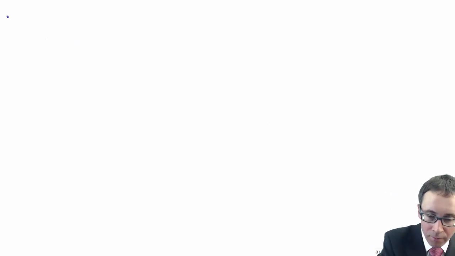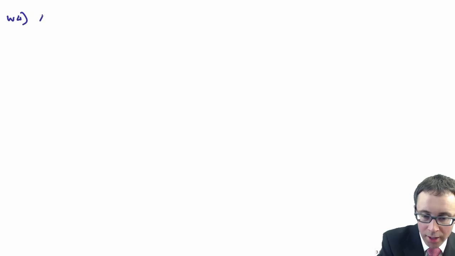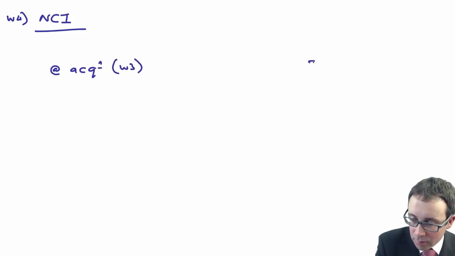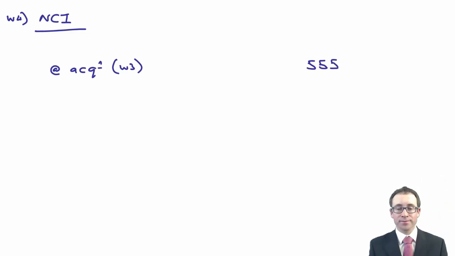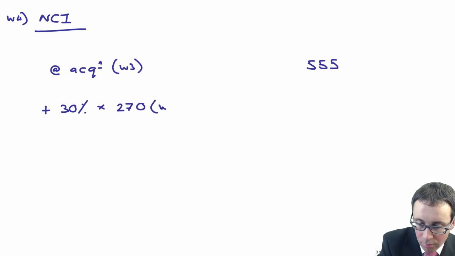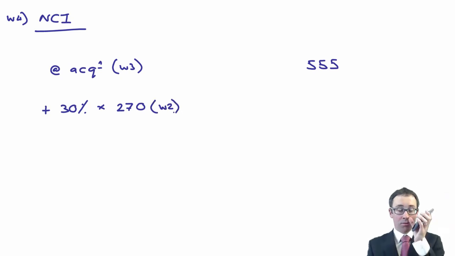Working number 4. Remember, working number 4 is the non-controlling interest, isn't it? So we take the non-controlling interest at acquisition from working 3. So was that the 555? Okay. To which we add on 30% of the post-acquisition profits.